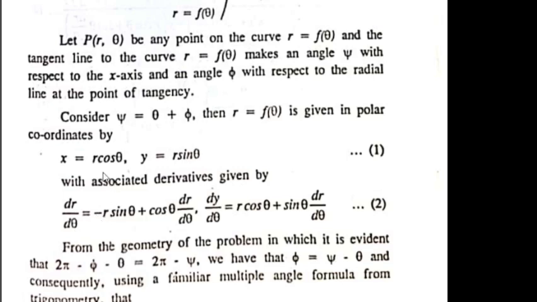So dx by d theta is equal to, applying the product rule, r as it is, differentiation of cos theta is minus sin theta, plus cos theta as it is, differentiation of r with respect to theta, dr by d theta.